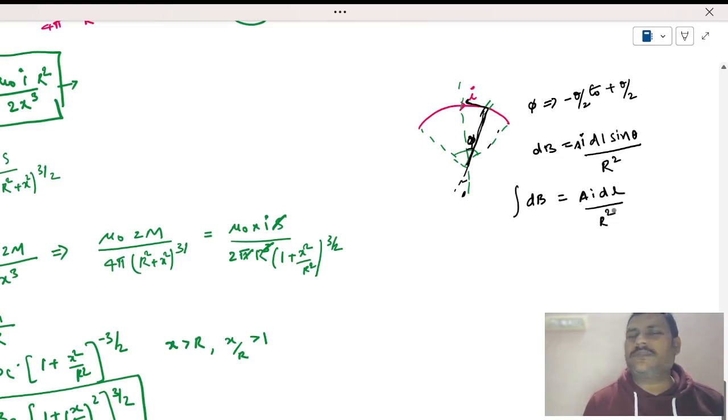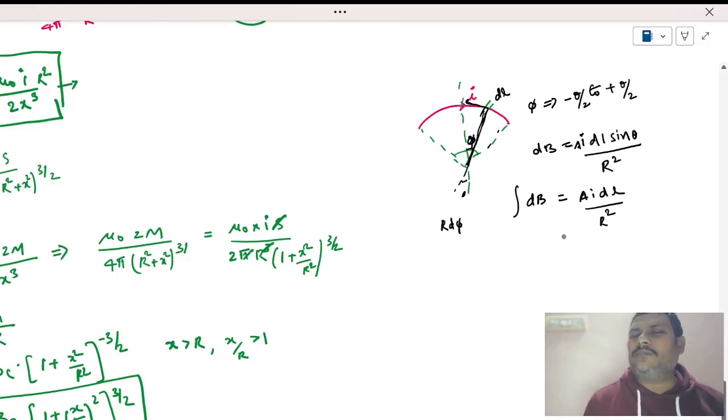Here dl is the small arc element, so dl is equal to r into d phi.